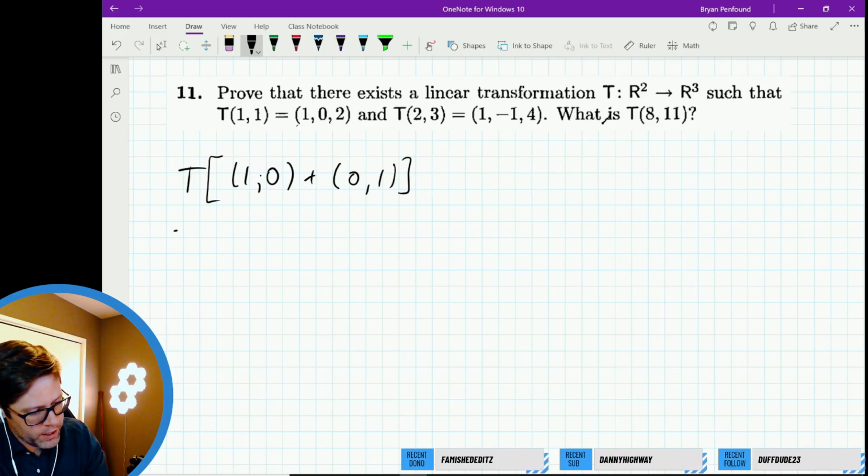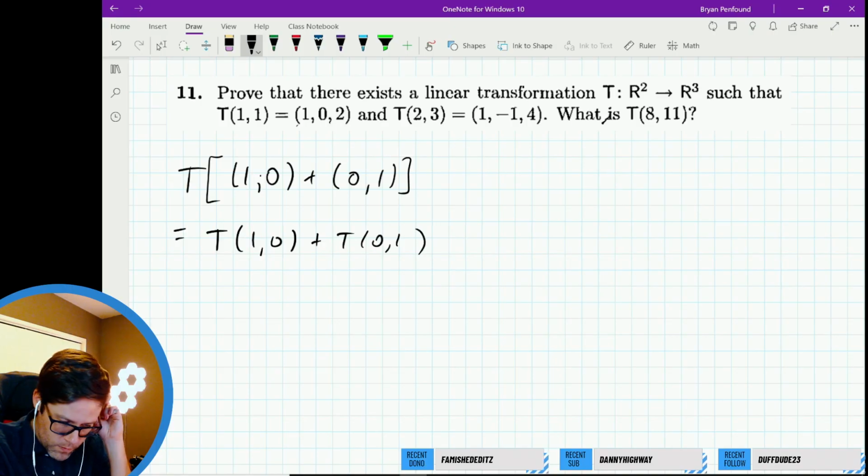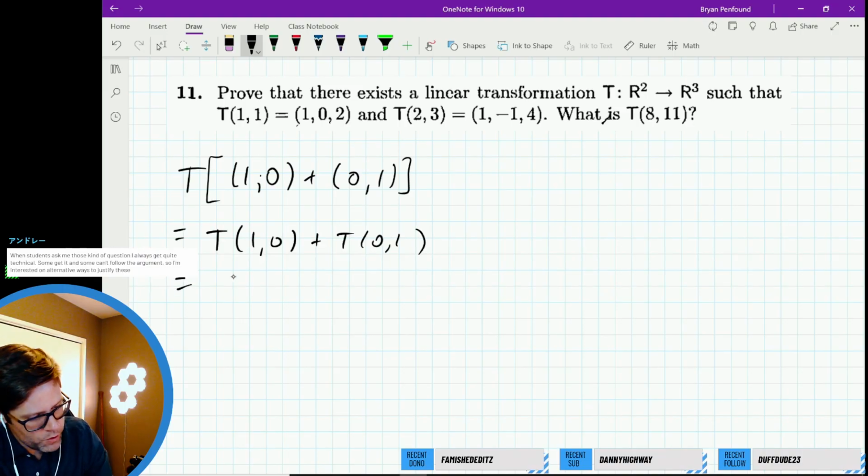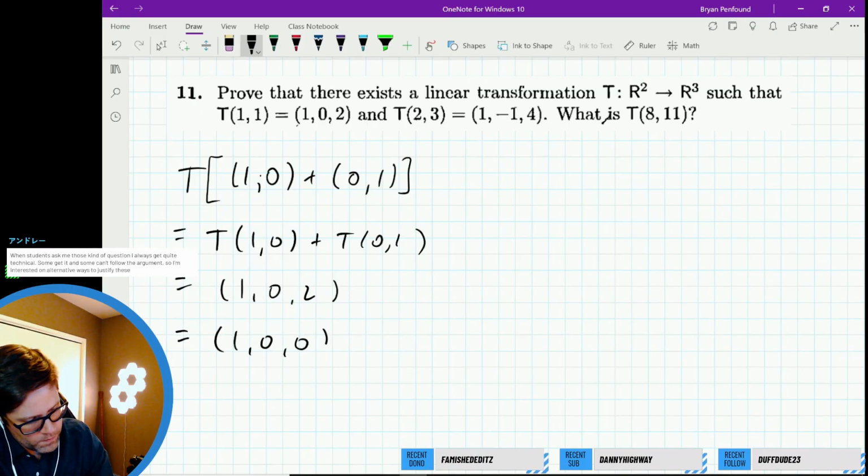We want T to be linear, so we want it to naturally work like this. And we know that this is getting mapped to (1, 0, 2), which is going to be this basis vector plus 2 of this basis vector.